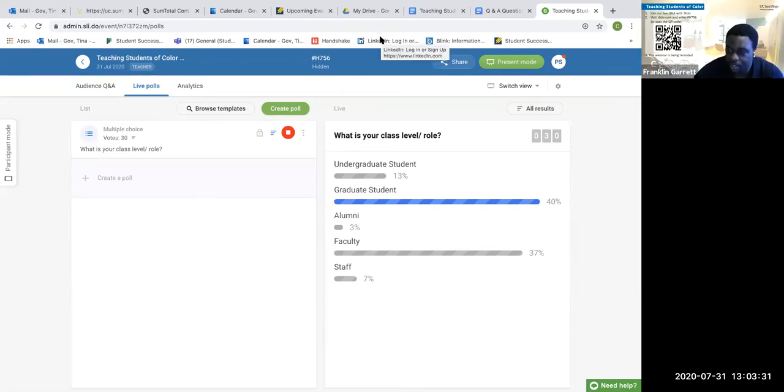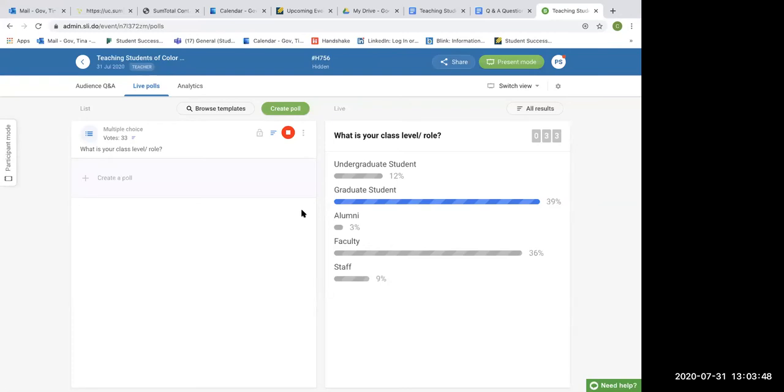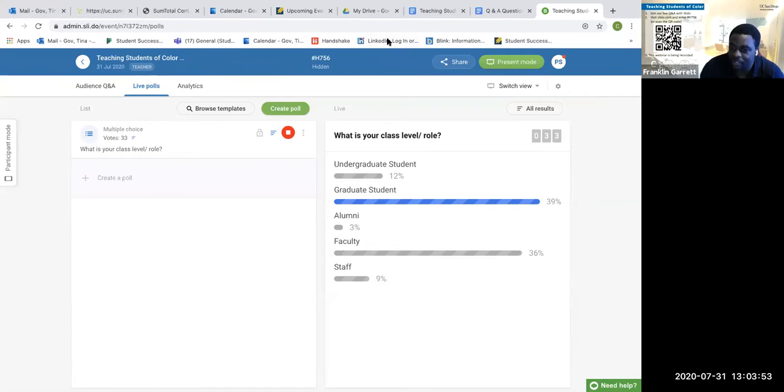So it looks like we're holding pretty steady there. 40% graduate. Okay, so it looks like we're around 12% undergrad, 39% graduate, 3% alumni, 38% faculty, and 9% staff. It's a good distribution for the topic that we have today.